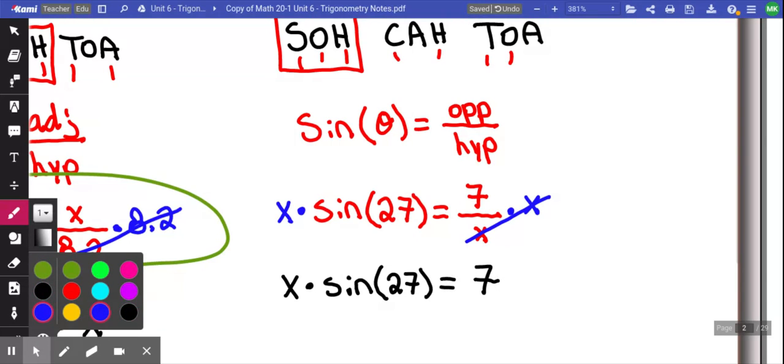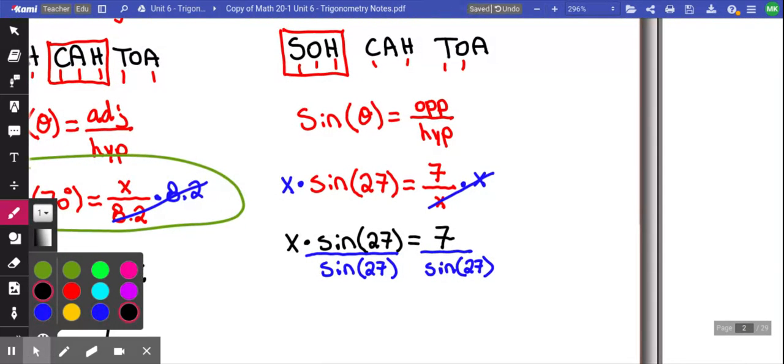And now I need to get this sine to the other side, so I divide sine 27 to the other side. This gives me x equals 7 divided by sine 27.